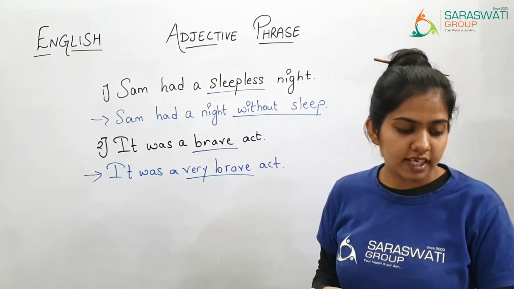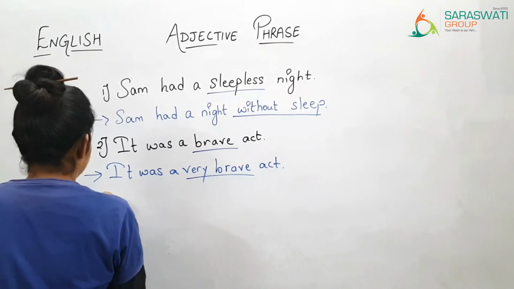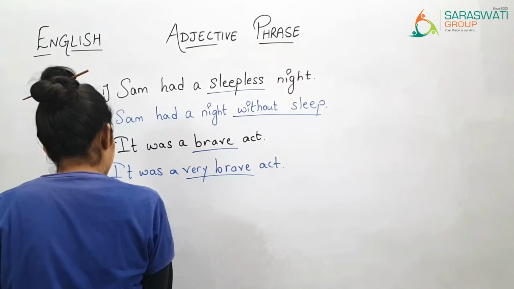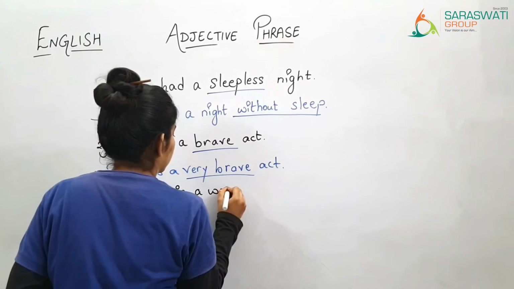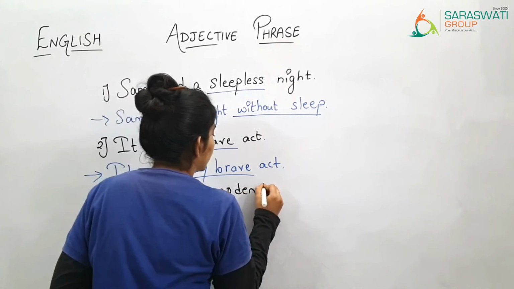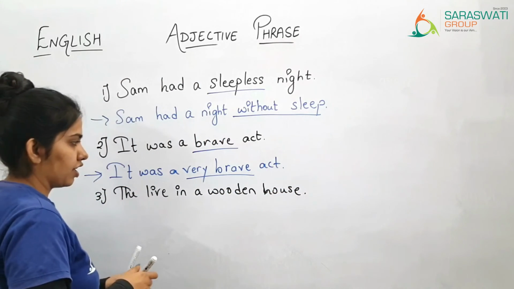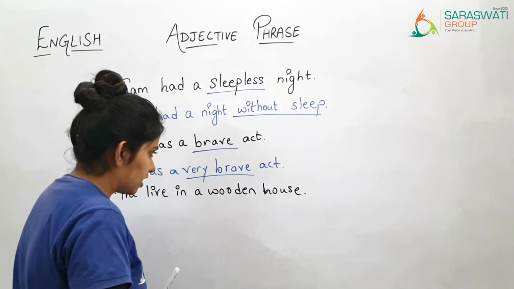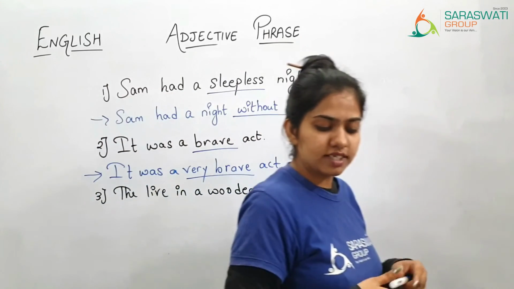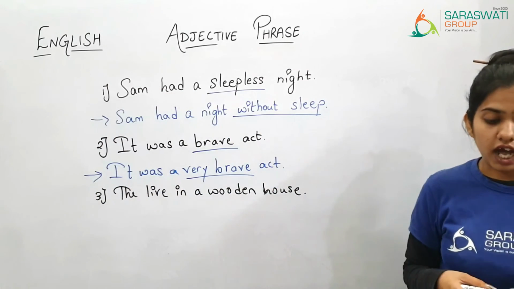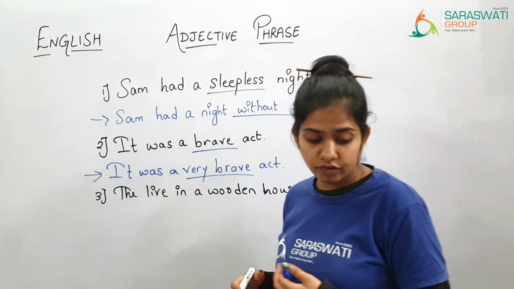Now if I say they lived in a wooden house, कि वो wooden house में रह रहे हैं. So wooden is your adjective, right? Now if we want to translate this, they lived in a house made of wood or built of wood.